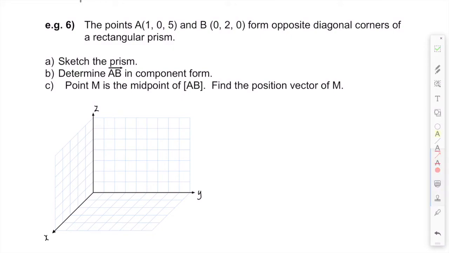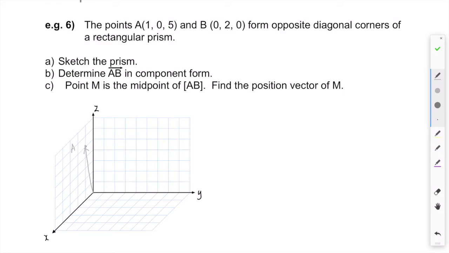Let me delete this. I'm just going to draw it by hand. 1, 2, 3, 4, 5. Here's point A. And then B is 0, 2, 0.